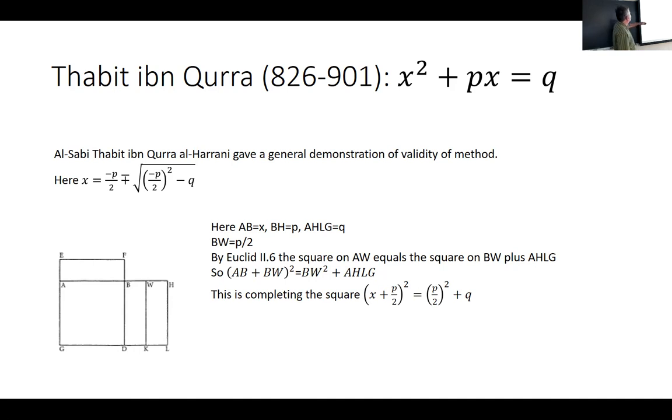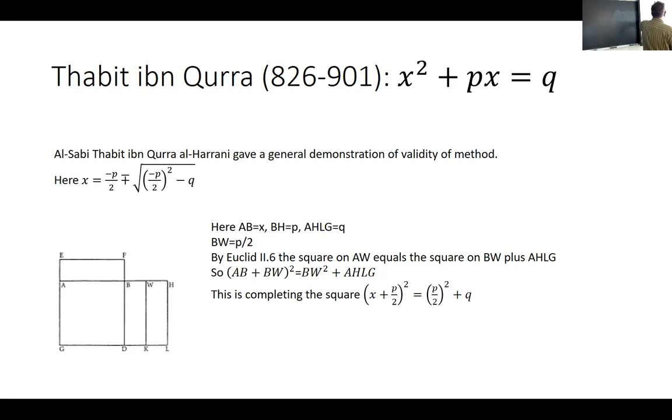Okay, so in this situation, Q now becomes negative, and this is positive right here. So we've got minus P on 2, and Q, so minus Q right there.